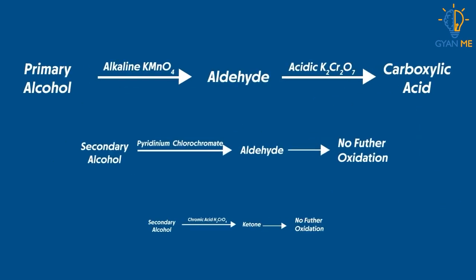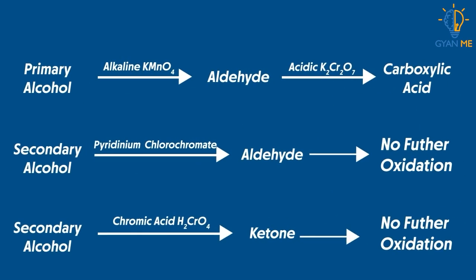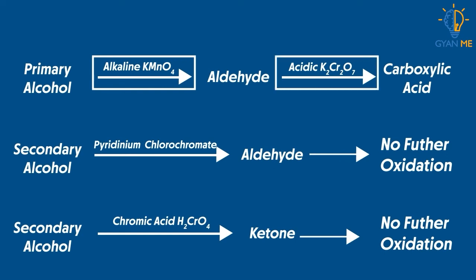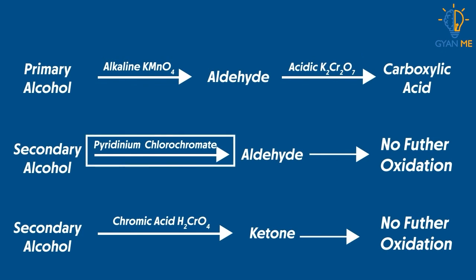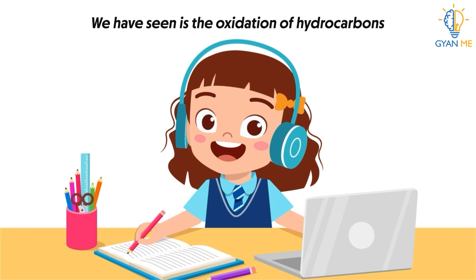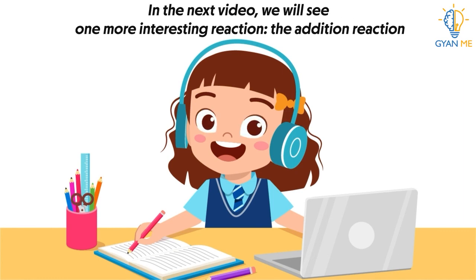Also, using different oxidizing agents, we can get different products. With the oxidation of alcohols using KMnO4 or K2Cr2O7, we get carboxylic acids, while with PCC, we get aldehydes. Thus, what we have seen is oxidation of hydrocarbon compounds. In the next video, we will see one more interesting reaction, the addition reaction.